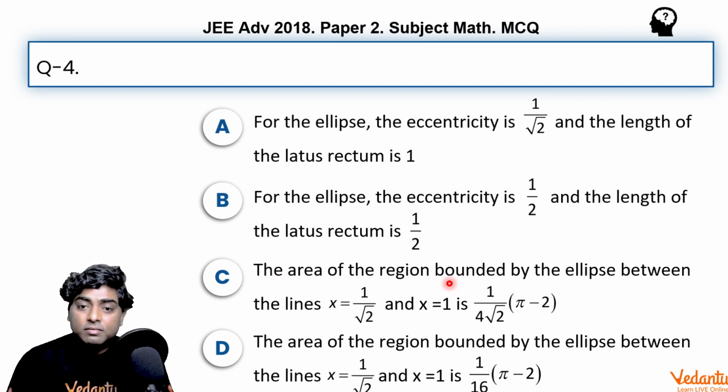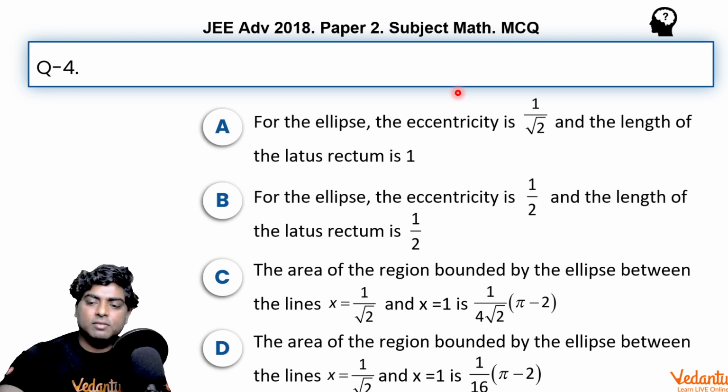Option C, the area of the region bounded by the ellipse (first we have to find the ellipse) between the lines x = 1/√2 and x = 1 is (1/(4√2))(π − 2), and option D asks the same thing for the area of the region, with a different figure and a different answer. So out of A and B, a maximum of one can be true, and out of C and D, a maximum of one can be true.